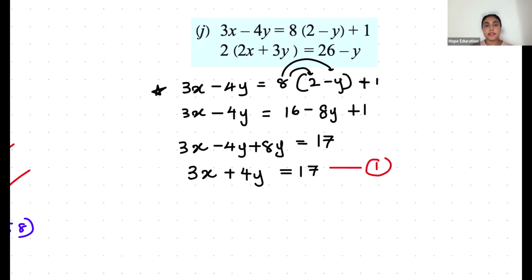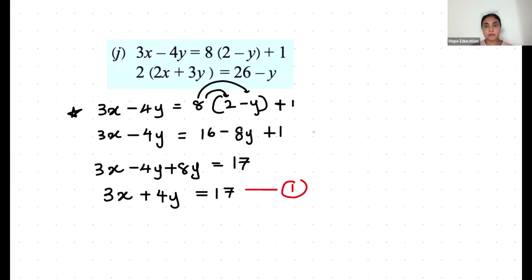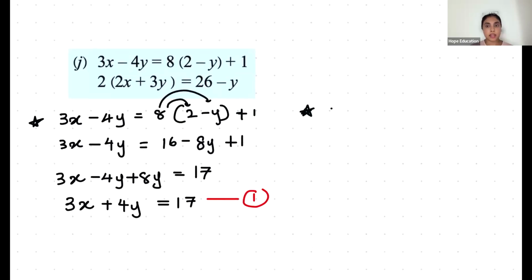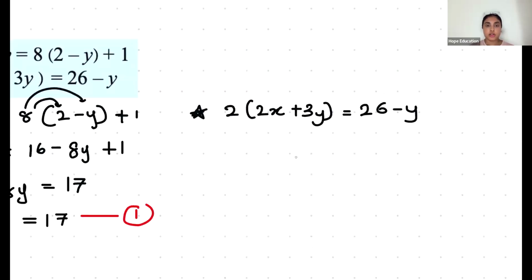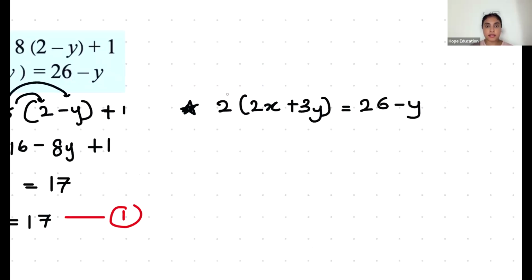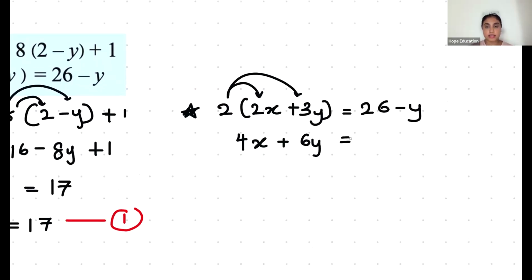Okay. Then let's look at the second equation and first organize this nicely also. 2 multiplied by (2x plus 3y) equals 26 minus y. So 2 times 2x is 4x, plus 2 times 3y is 6y, equals 26 minus y.